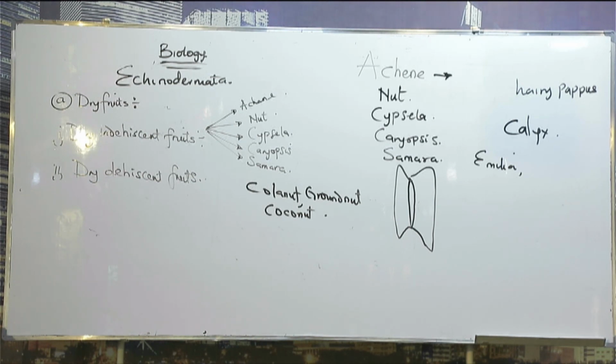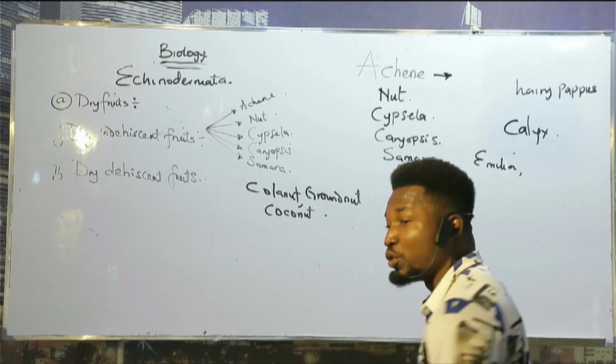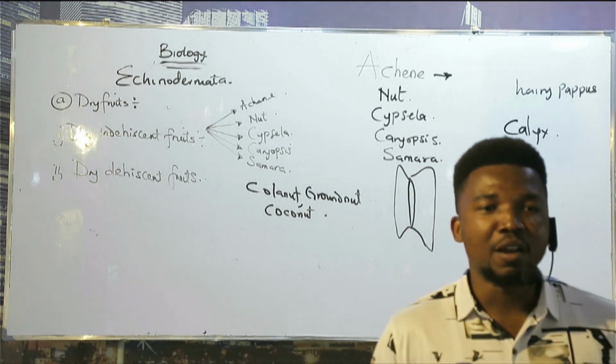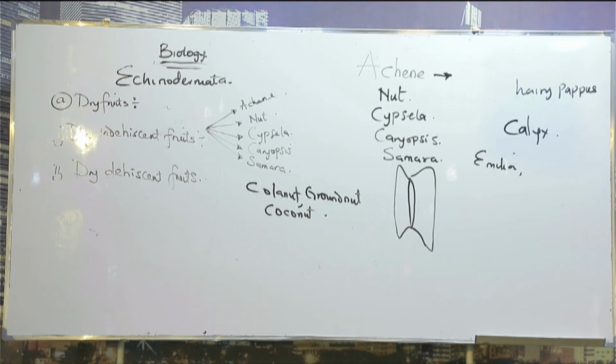Sir, is the fleshy part of the cashew a fruit? If no, what is it then? All right, the fleshy part of the cashew is also a fruit. Do you understand? But in this case, the seed is separated from the fruit, and the fruit is developed from the receptacle.